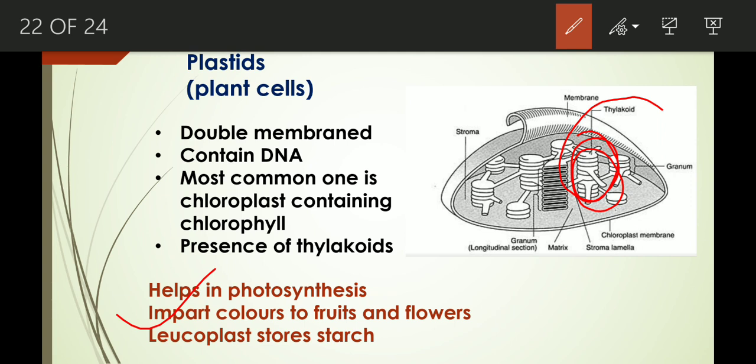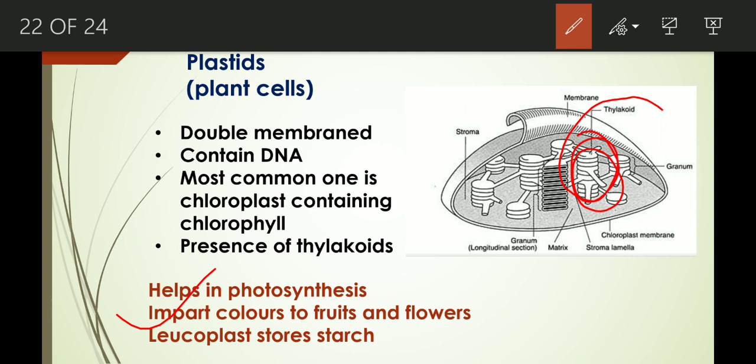Okay, so leucoplast is a type of plastid. So again I am repeating, the main function of plastid is it helps in photosynthesis as it contains chlorophyll. So it helps in the trapping of sunlight, and it imparts colors to fruits and flowers. Another type of plastid is leucoplast. It stores starch, that means the food granules.